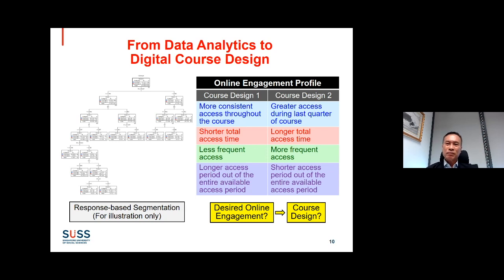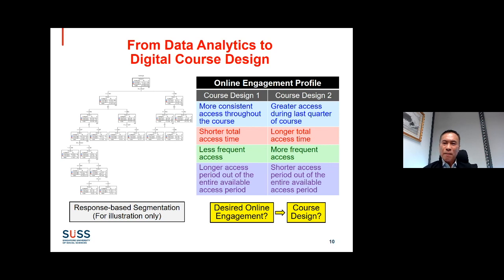For example, students who took the marketing course under course design 1 make more consistent online access throughout the course, whereas for students in the full online course, the access online is not as consistent because there's a higher concentration of access in the last quarter of the course.